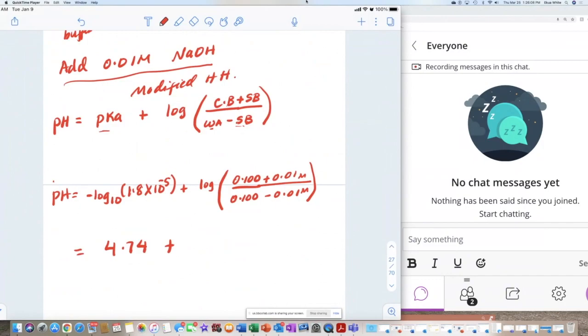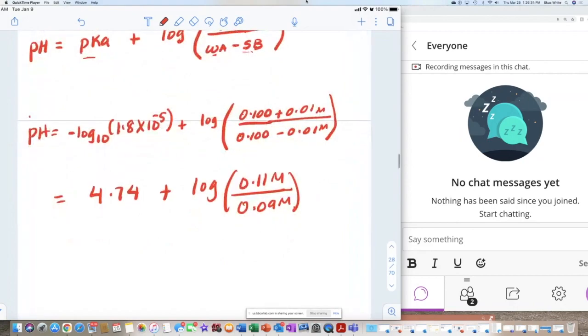So I'm just going to add the numbers to make it easier for myself. 0.100 plus 0.01, I'm going to do the math slowly, y'all, is 0.11 molar over 0.100 minus 0.01, 0.09 molar. Now, 0.11 divided by 0.09 gives us 1.2 inside the log.